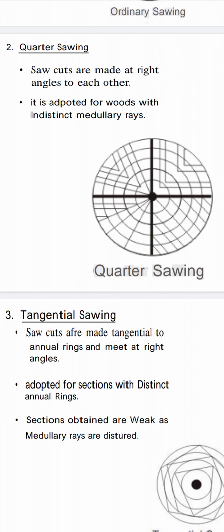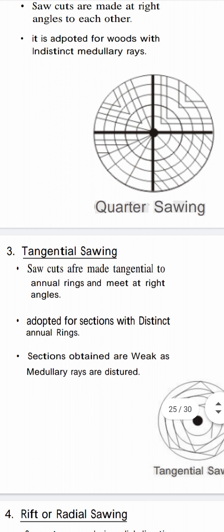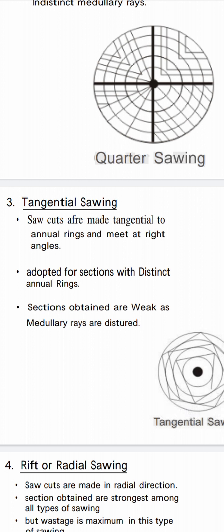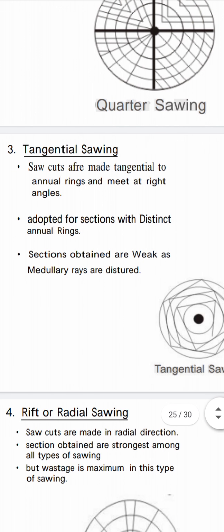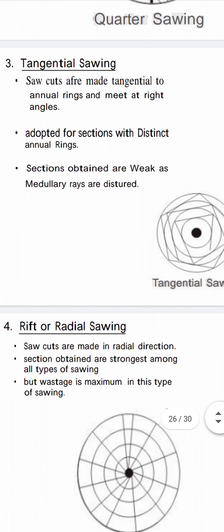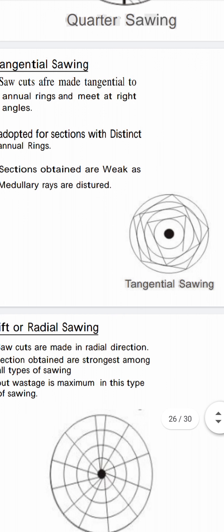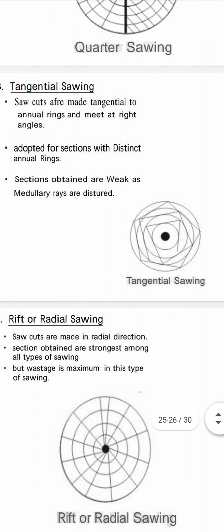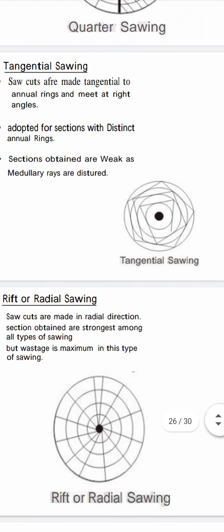This is the picture of quarter sawing. Tangential sawing. Saw cuts are made tangential to annual rings and meet at right angles, adopted for sections with distinct annual rings. Sections are often weak as medullary rays are disturbed. This is a picture of tangential sawing.